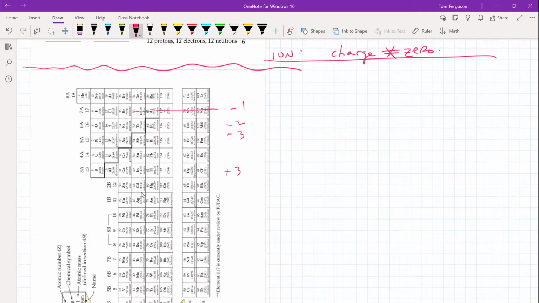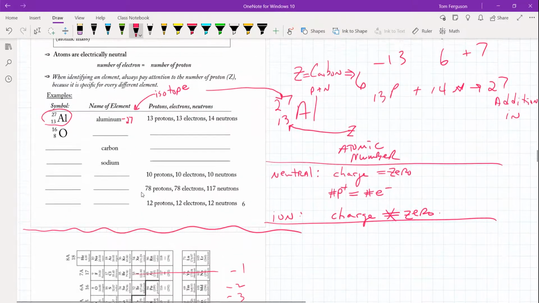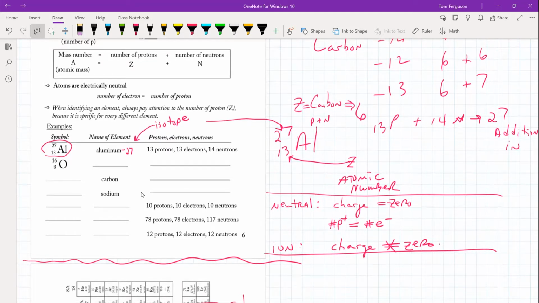And we'll talk about that. Anything over 3 is not all that common. There are some over 3, but most ions are ±3. Okay, so right now though, all we know is there are ions, and that means the charge is not 0, and that means there's going to be an imbalance between protons and electrons. For all the examples I'm going to talk about here, we're talking about neutral atoms.